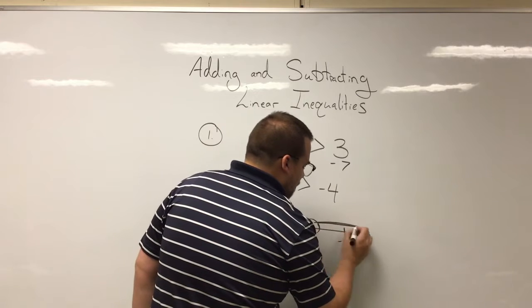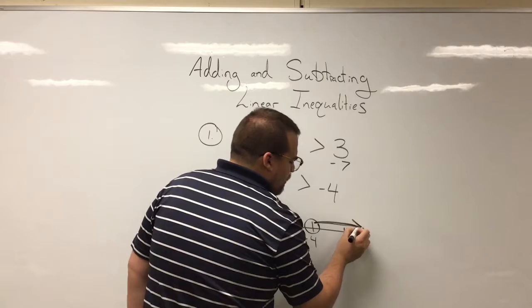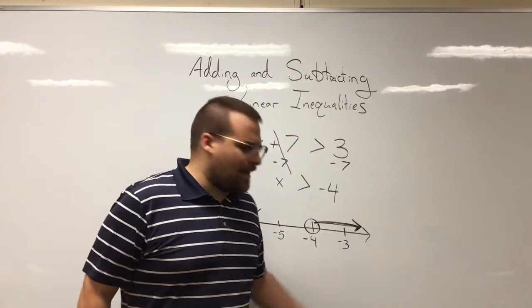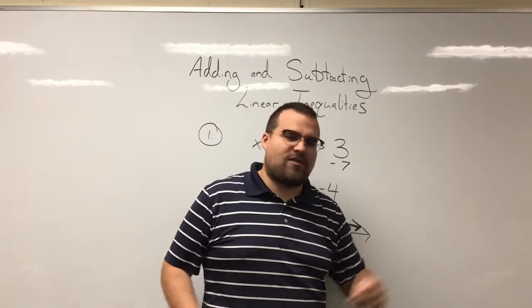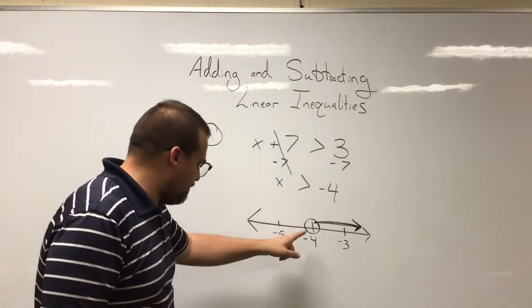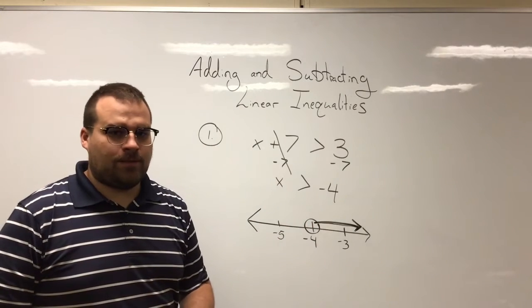So we're going to have this arrow, and it's going to point off over in this direction, saying it goes on forever up there. X can be any number on that side of the number line as it gets bigger and bigger and bigger. But it can't be negative 4, and it can't be anything less.